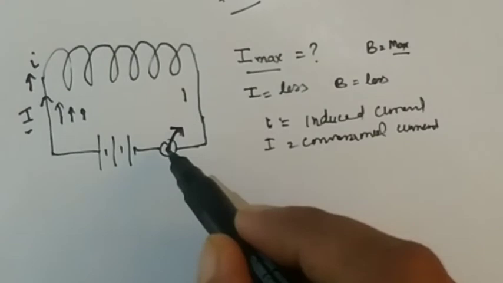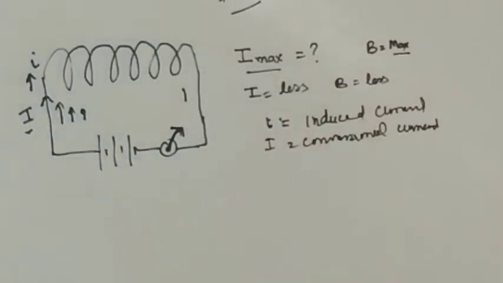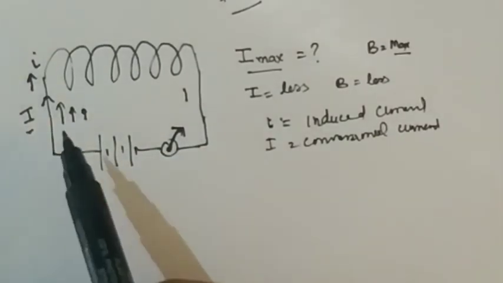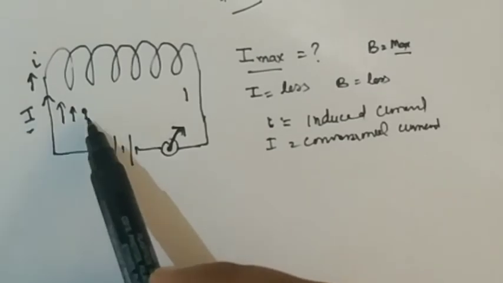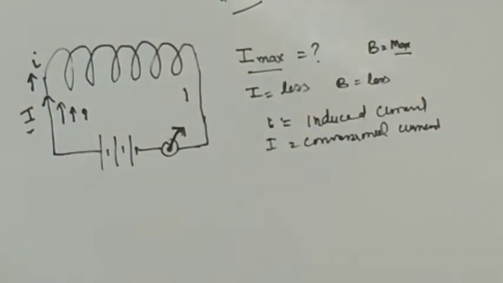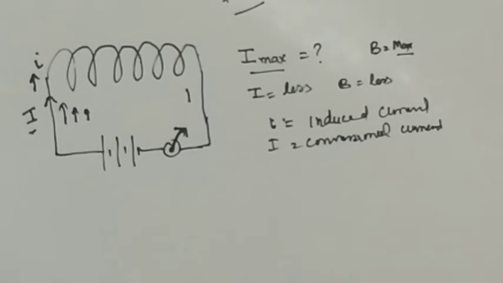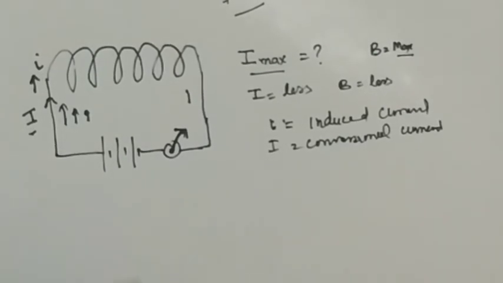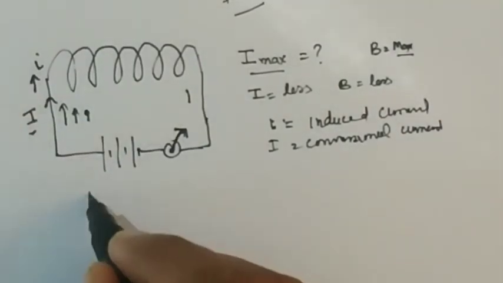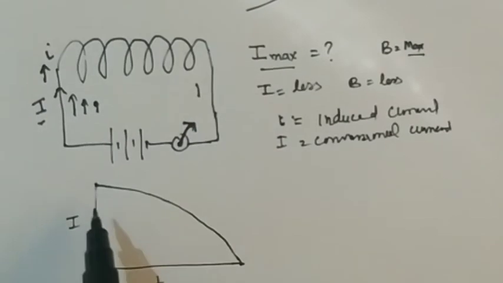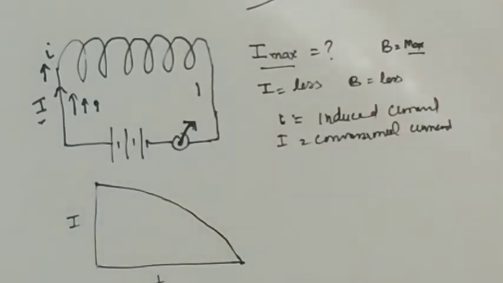If I keep it removed, then after some time the current keeps on decreasing and the conventional current becomes 0. So we can say that even if you remove the key, the current in the electrical circuit will not come to 0 instantly because of these coils. If I draw the diagram of time and current, the current decreases to 0 after some time.